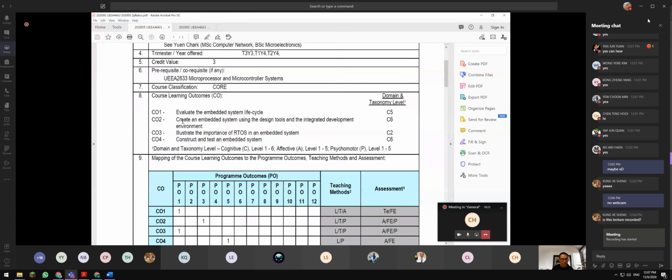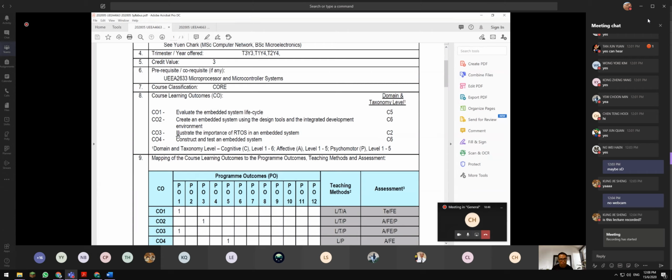Secondly, you're creating embedded system designs using design tools and an integrated development environment. This means that, for example, if I give you an ESP32, you're able to program the ESP32 using Arduino or other development tools. If you're using Microchip, you're able to use the Microchip IDE to program the Microchip microcontroller.